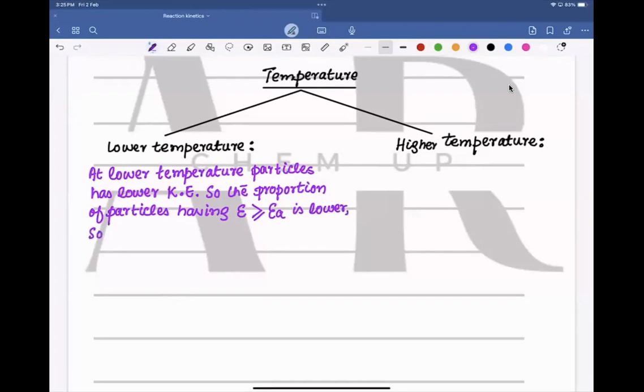So less frequent successful collisions occur.